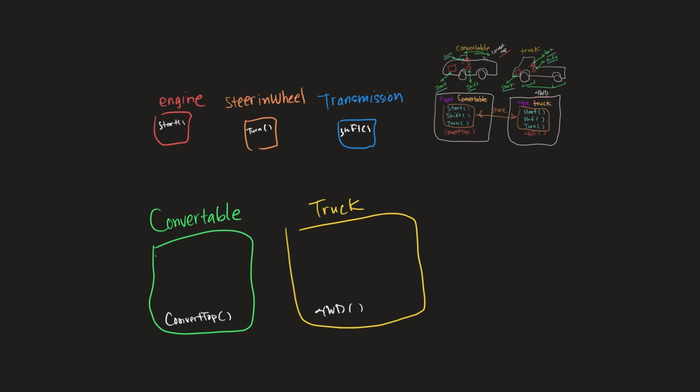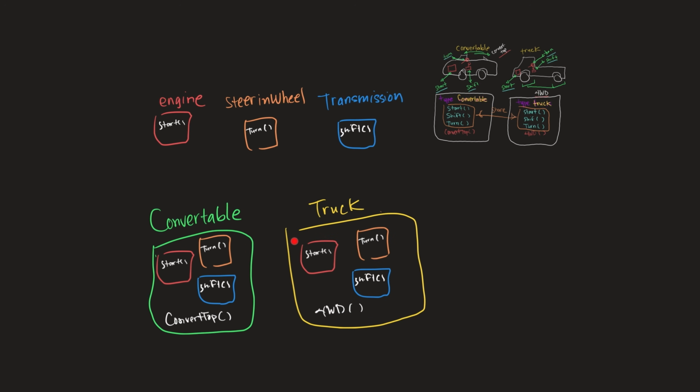So for example, if we want to create the convertible with this functionality here, we're going to compose these individual components together with the convertible. So let's take the engine component, the steering wheel component, and the transmission component and compose them together to create the convertible here. And let's do the same thing for the truck.